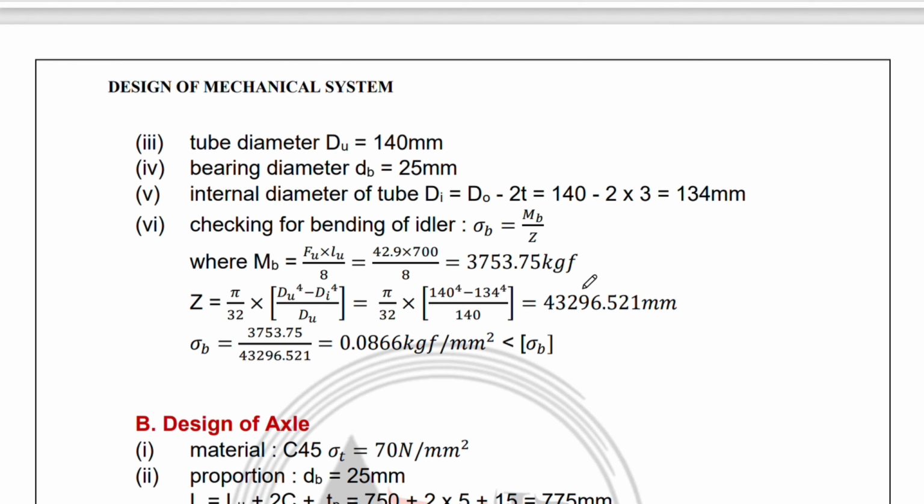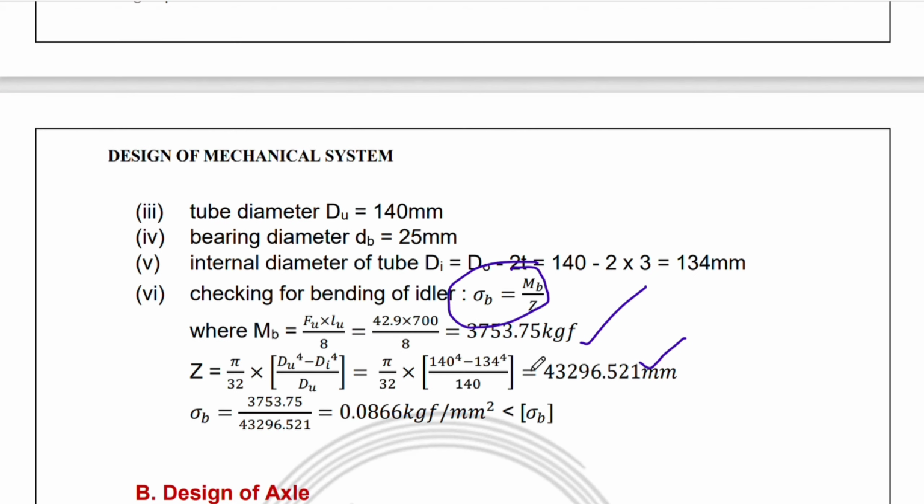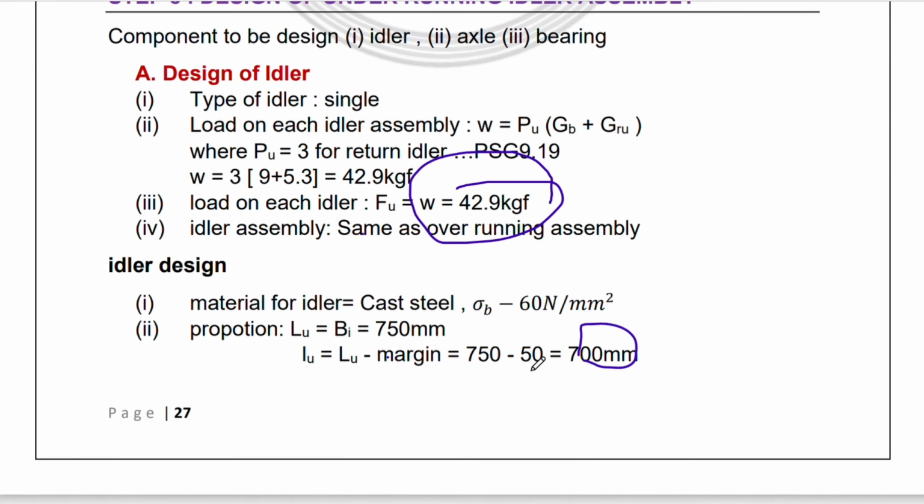Put both the moment and this Z value in the formula and get sigma B, which is 0.0866 kgf per mm square. This is less than the allowable stress of 60 Newton per mm square, so our design is safe.